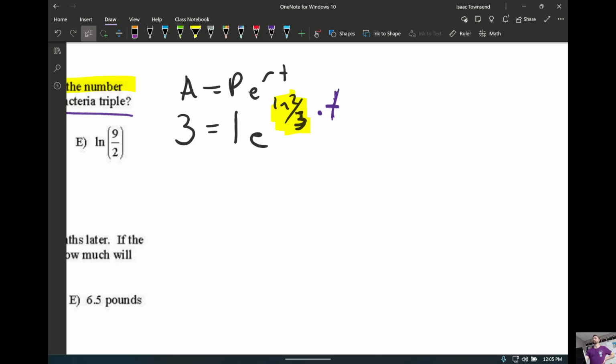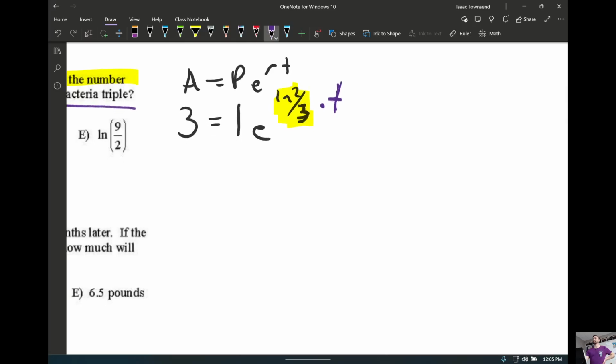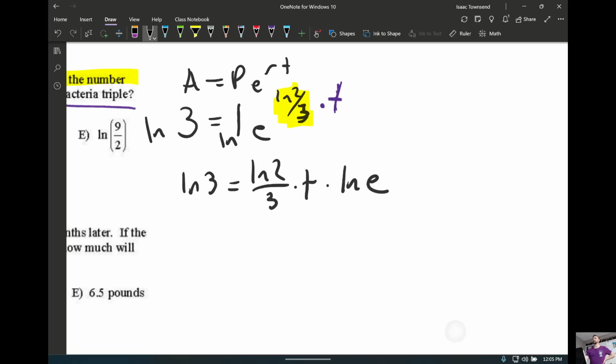So same natural log trick. The variable you're solving for is in the exponent. Take the natural log of both sides, because if it's an exponent on something you're taking the log of, that exponent can come down out front. Natural log of e is still 1.